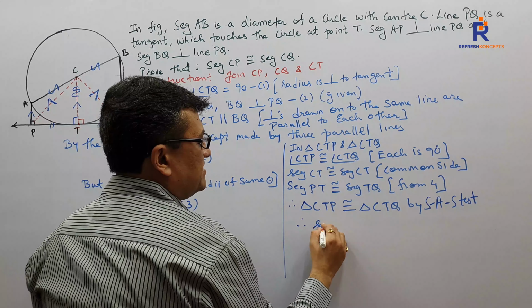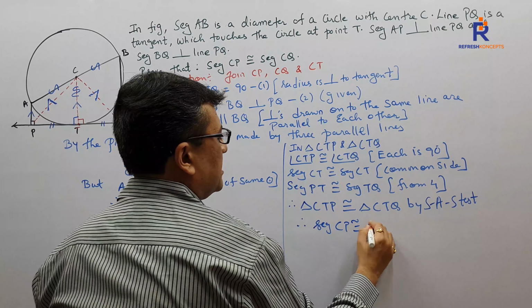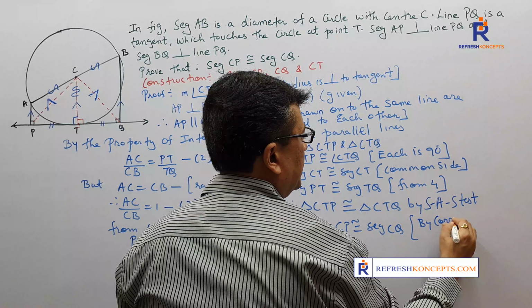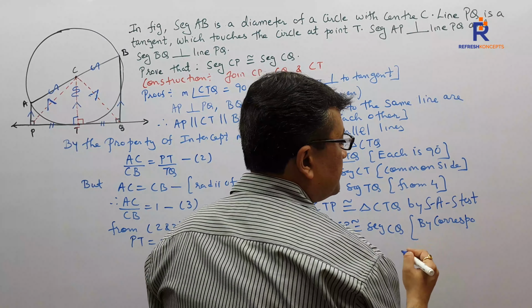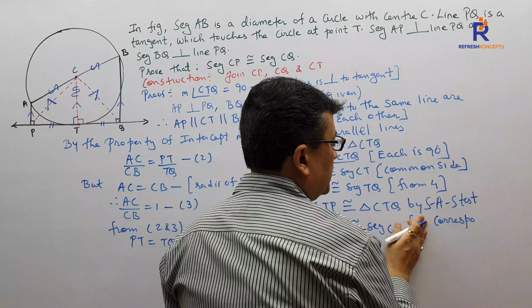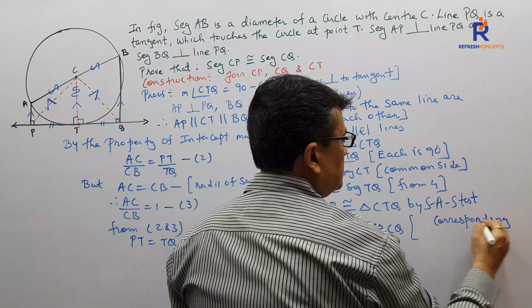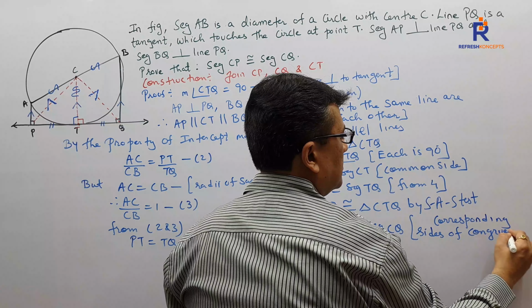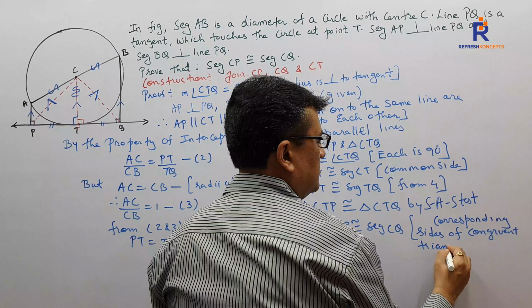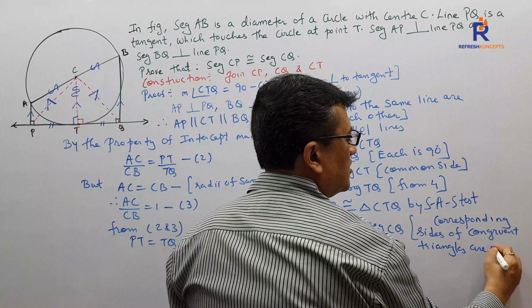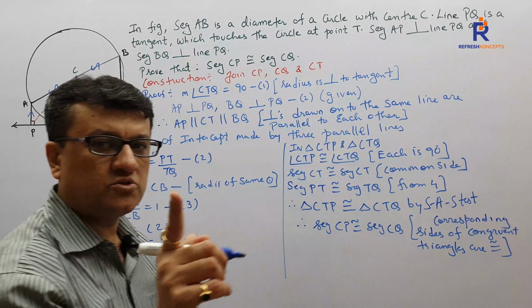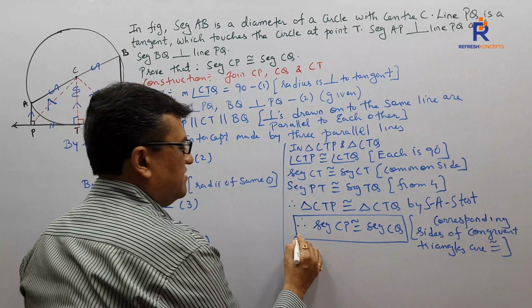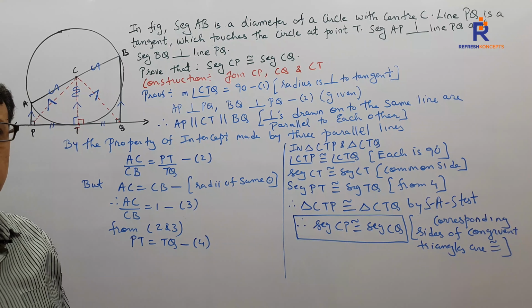Therefore, segment CP congruent to segment CQ by CSCT. Corresponding sides of congruent triangles are congruent. I have used the symbol, you please don't use it. We are done with our proof. Hence proved.